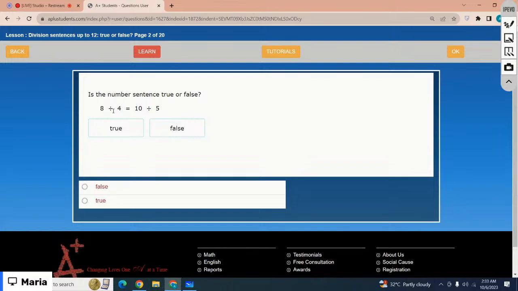Is it true or false? Please write the answer. 8 divided by 4 is 2 and 10 divided by 5 is 2. This one is true, not false. Both sides are exactly equal. That would be true.